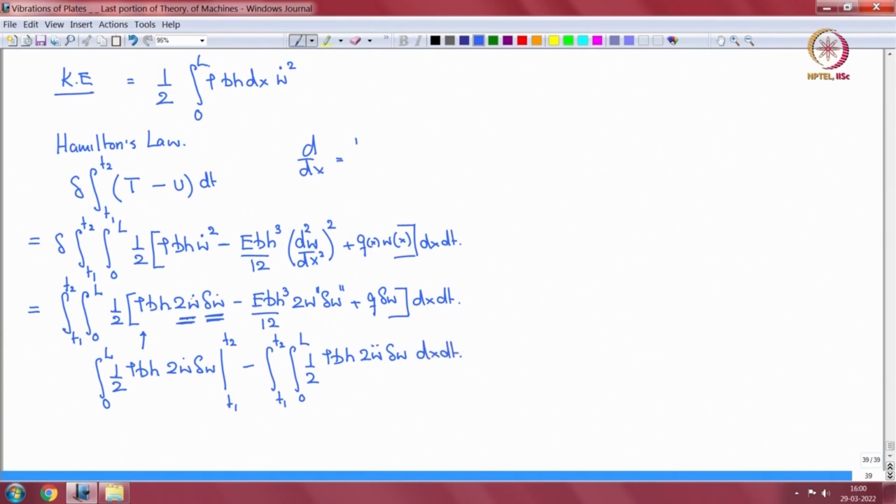So we have used a product rule here in integrating. This is the first term, this is the second term. You can see that this derivative has been transferred to W dot.